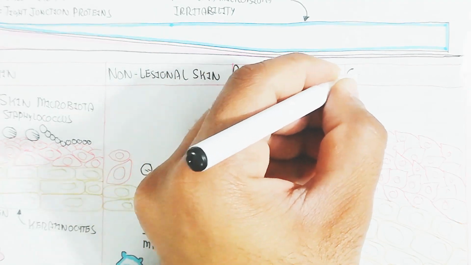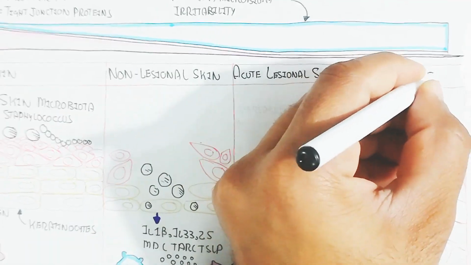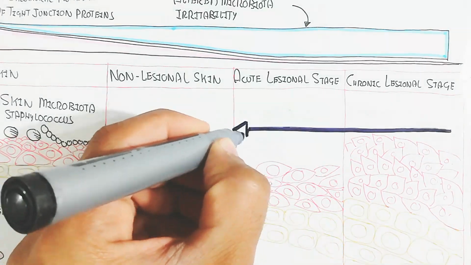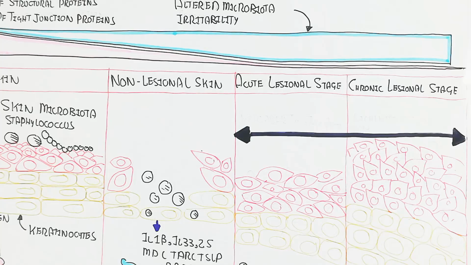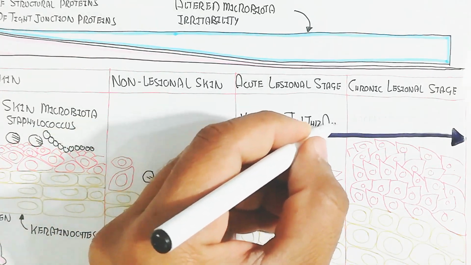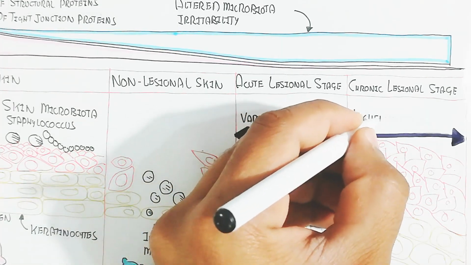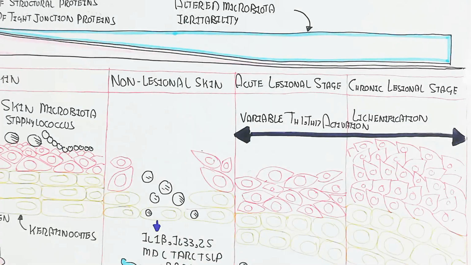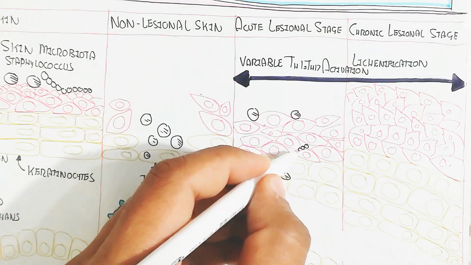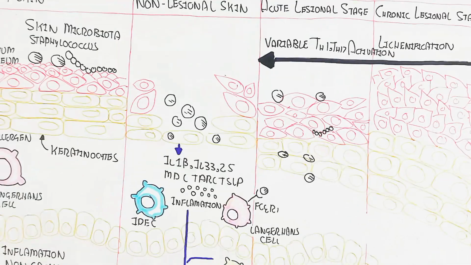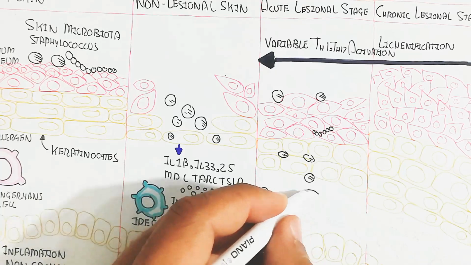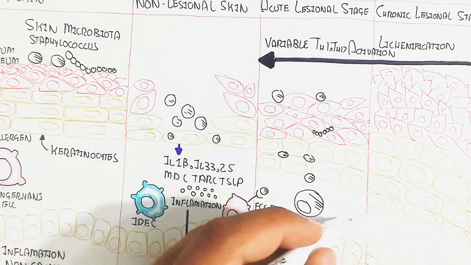Non-lesional skin leads to an inflammatory response, and the acute lesional stage leads to more cells being produced suddenly, and more keratinocytes will be produced. Remember this: after clearance of the acute lesional stage and in the chronic lesional stage, lichenification will occur.